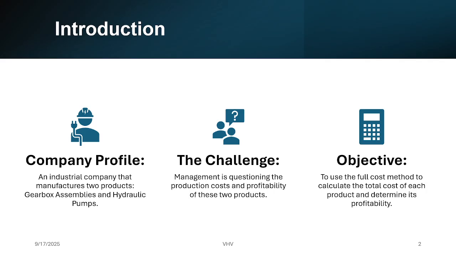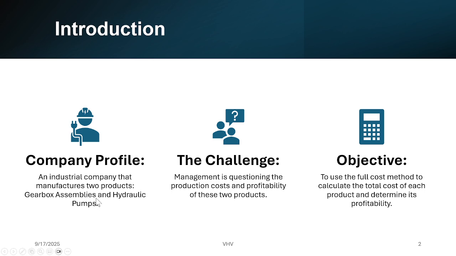Before we dive into the numbers, let's first understand the company we are analyzing by looking at its operational process flow. This context is crucial for understanding where costs are generated. Our company produces two kinds of products, the gearbox assembly and the hydraulic pump.